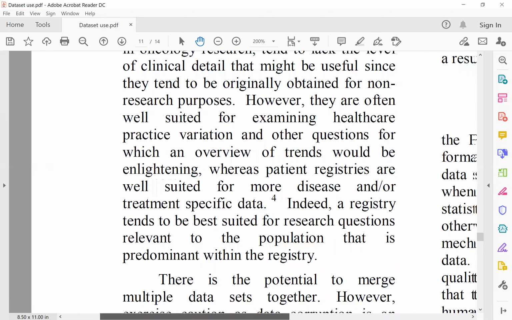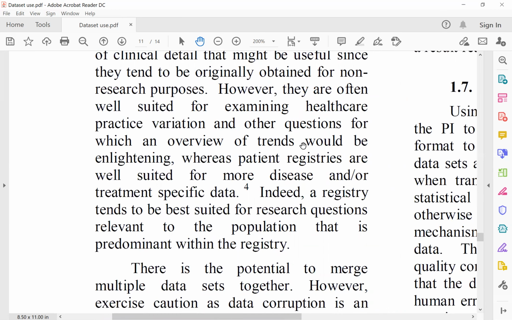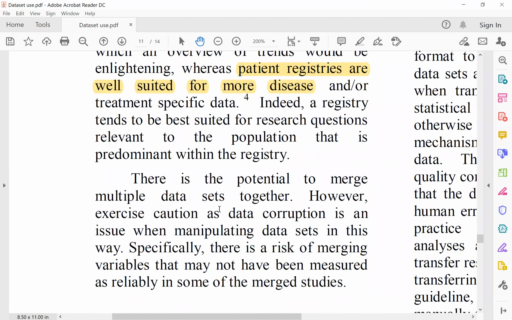However, they are often well suited for examining healthcare practice variation and other questions for which an overview of trends would be enlightening. Whereas patient registries are well suited for more disease and or treatment specific data. Indeed, a registry tends to be best suited for research questions relevant to the population that's predominant within the registry.